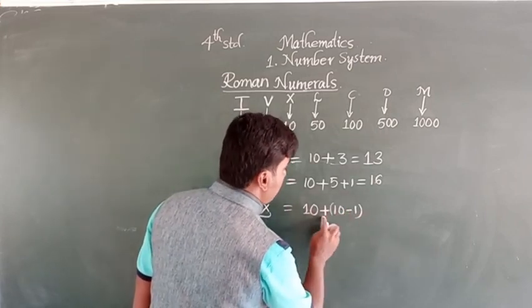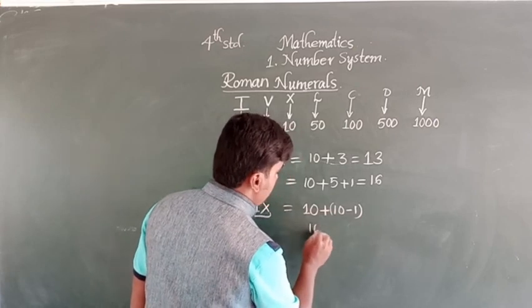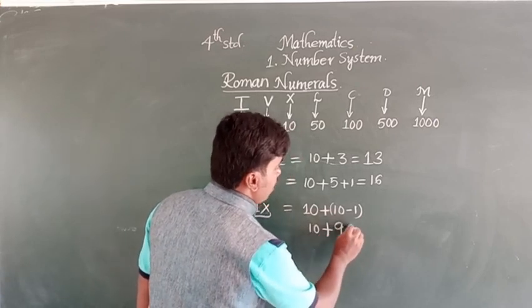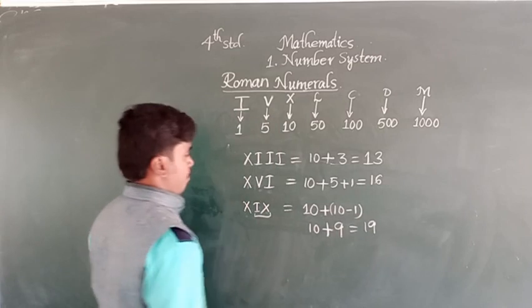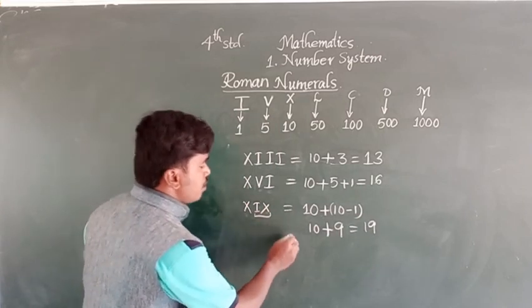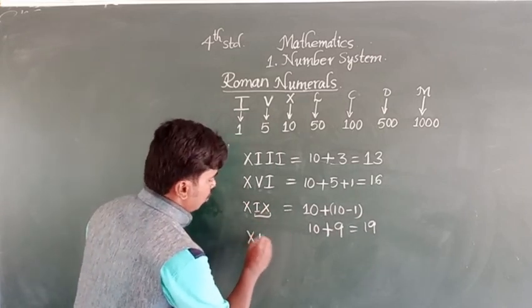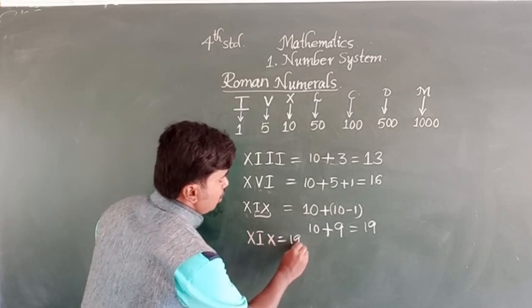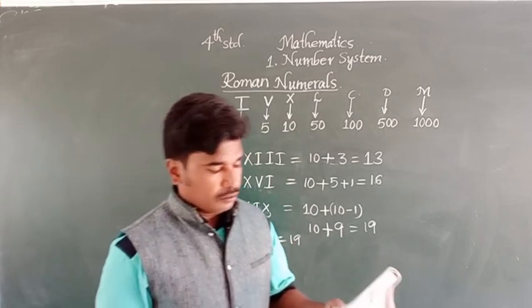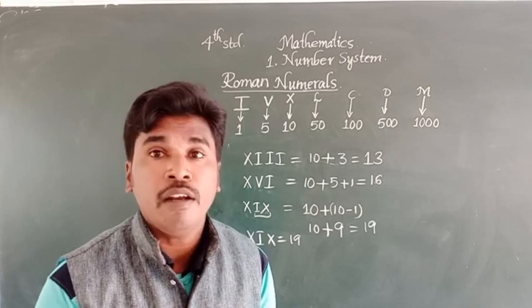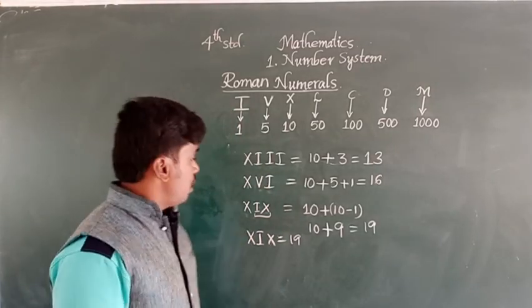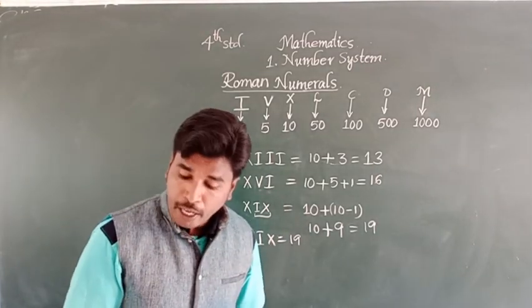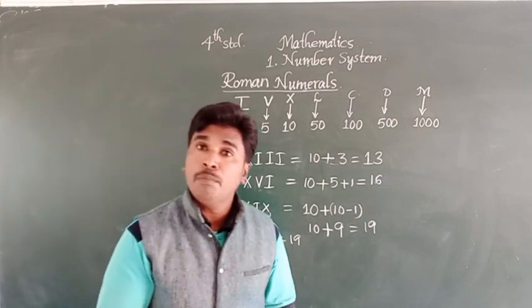So 10 plus 10 minus 1. It is 10 plus 9, which is equal to 19. XIX indicates that it is 19. So dear children, these are all the numbers given. Once again, please practice all these numbers.